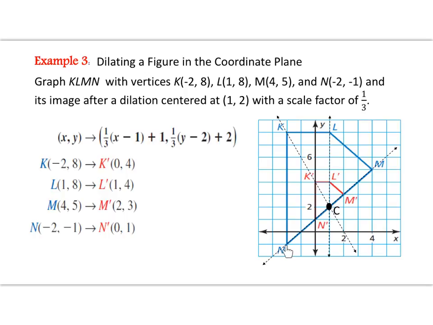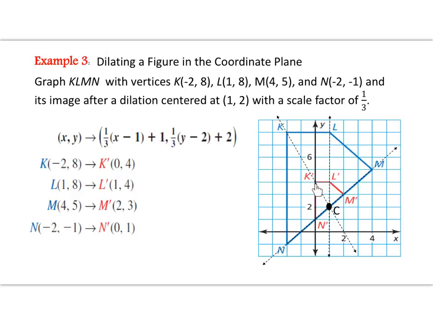Let's start with segment N to C. That slope is up 3 over 3. If I take 1/3 of that slope, that's going to be 1 over 1. Then if I go down 1, left 1, and plot, I've got N prime.